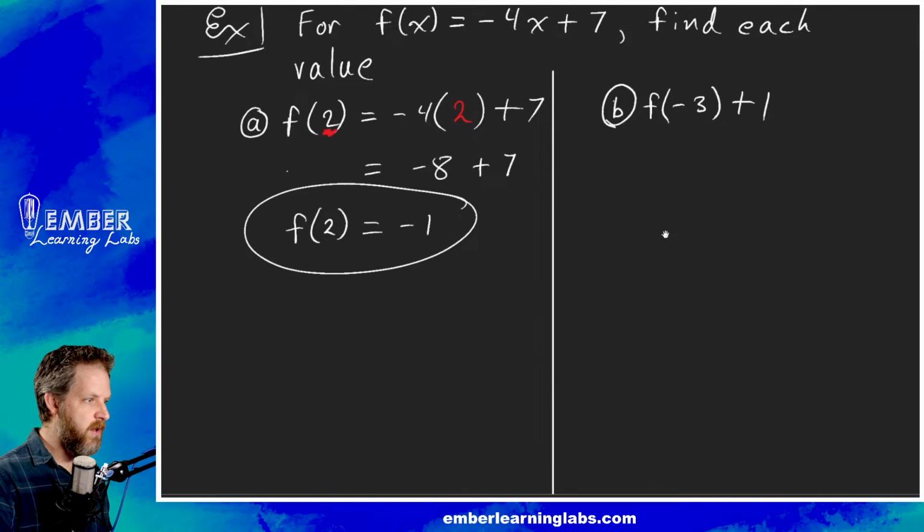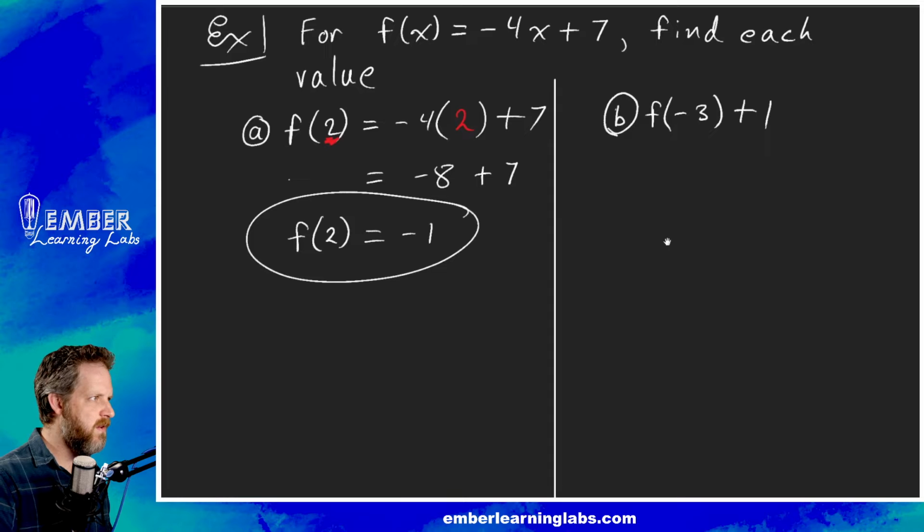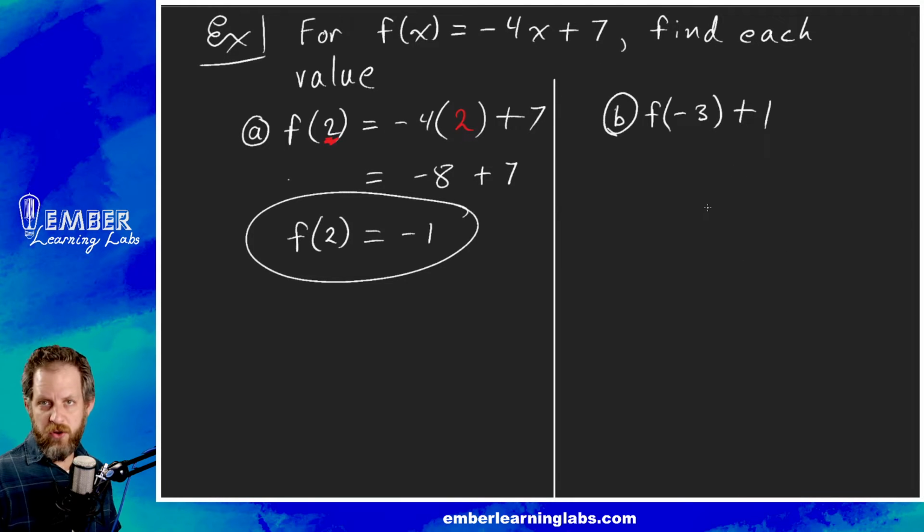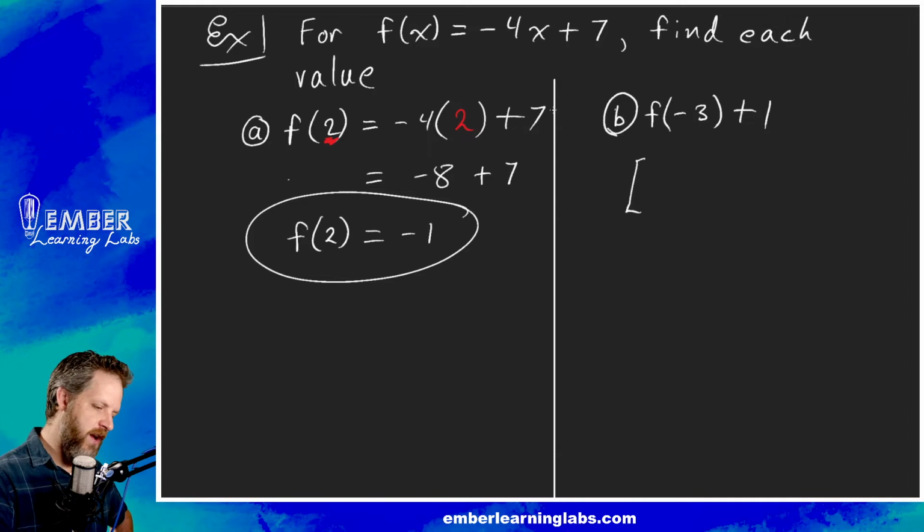The way we're going to do this is first put our expression with -3 in for x, the same idea as over here.